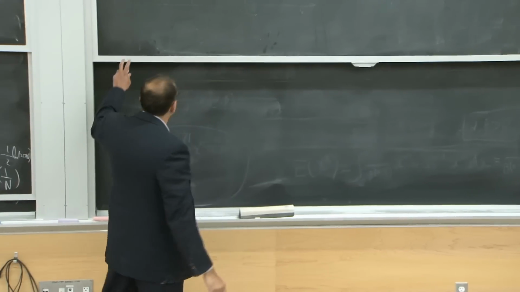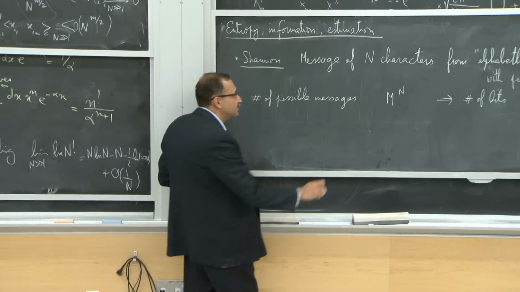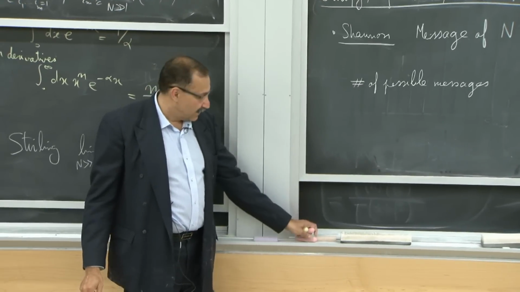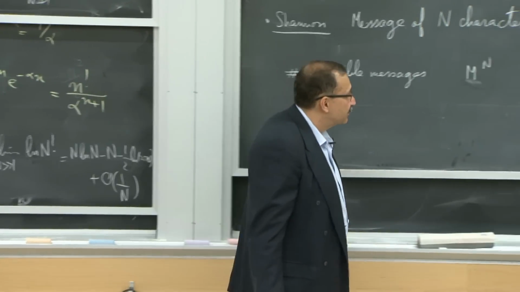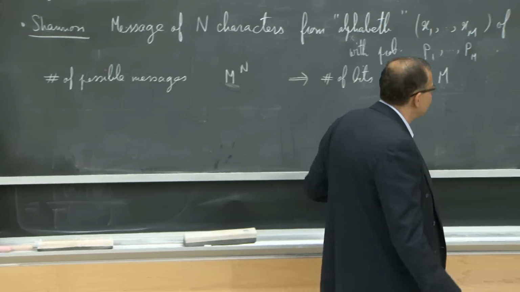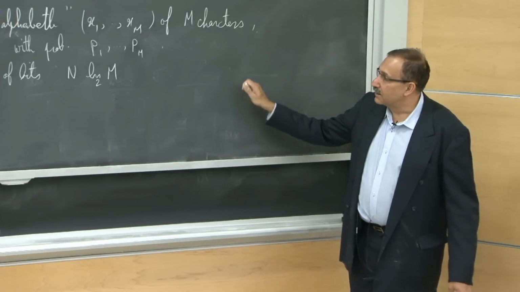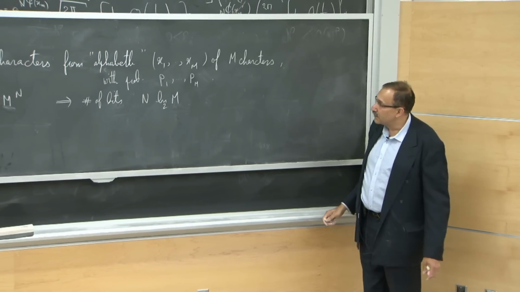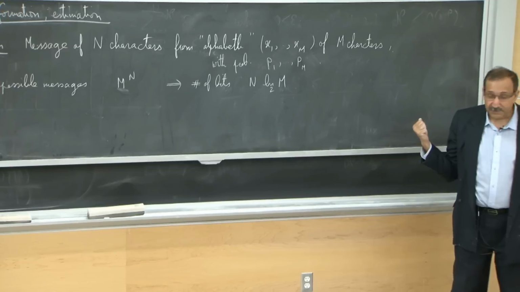OK. But you know that if you were to look at all possible messages, most of them would be junk. And in particular, if you had used a simple substitution code, for example, to mix up your message, you replaced A by something else, etc., the frequencies will be preserved.